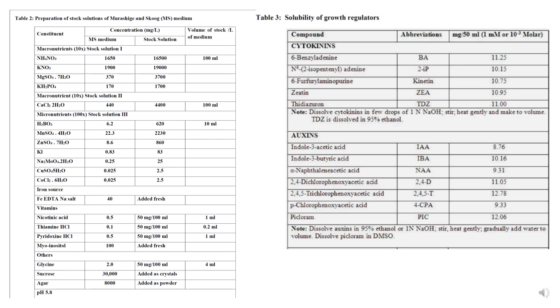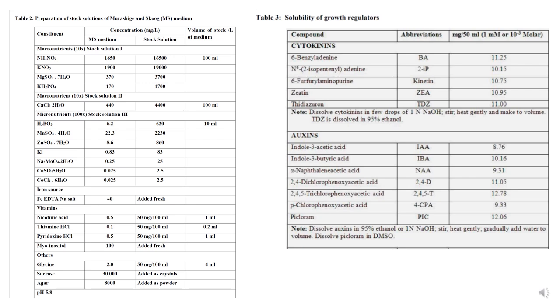So from this 1 liter stock solution, we will take 100 ml whenever our requirement is there. Suppose we want to make 1 liter of MS medium, so from this stock solution we will take 100 ml, and that 100 ml will consist of these required amounts of stocks of our macronutrients.